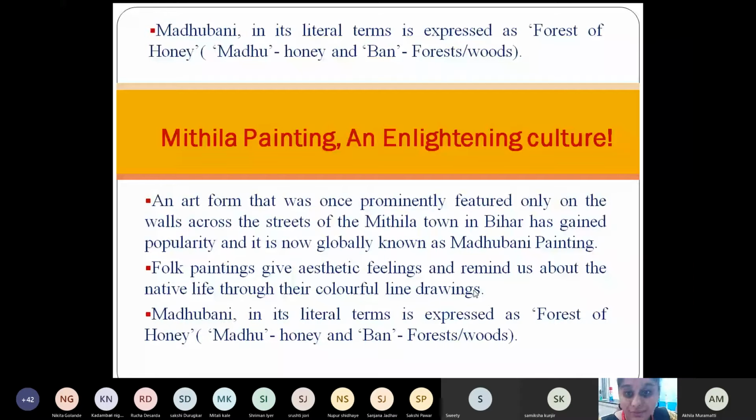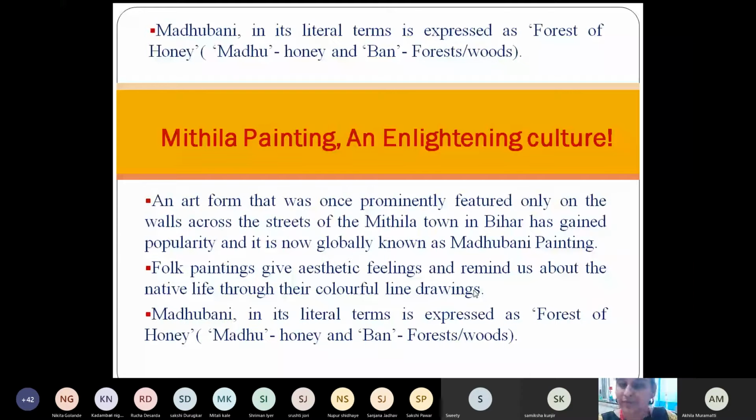Usually women were the ones doing this art form, and these paintings adorned across the entire streets came to be known as folk paintings. Folk paintings give an aesthetic feeling and remind us about the native life through their colorful line drawings.